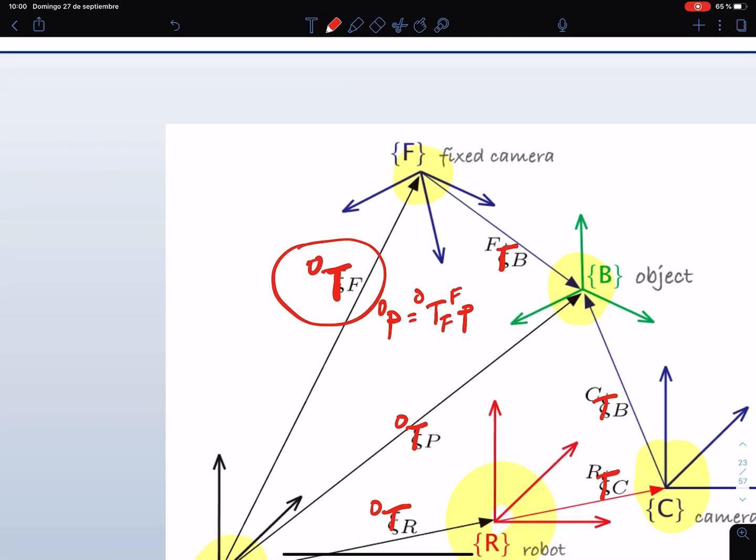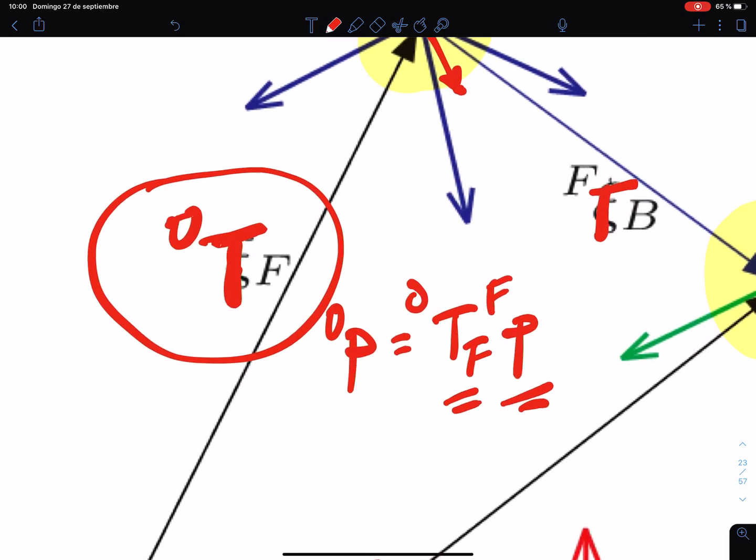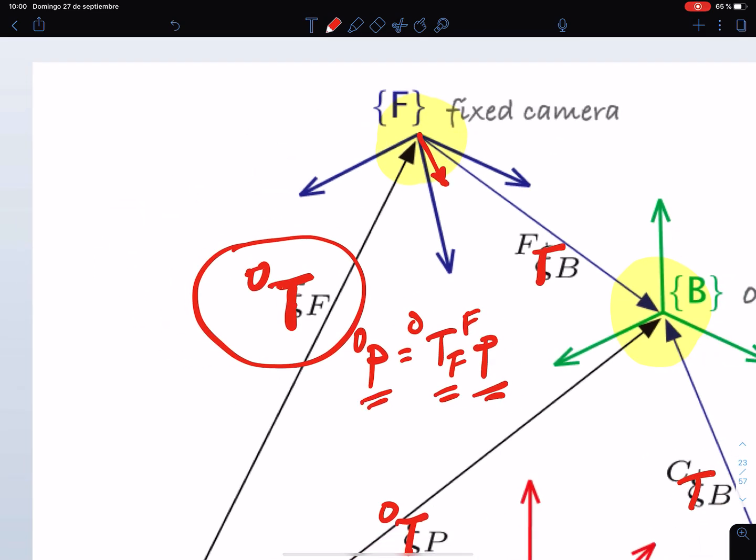Okay, so whenever we have a point in this space, in F, if we have the coordinates expressed with respect to F, then we will have PF. If we want to change the coordinates of that point to frame 0, we will multiply it by the homogeneous transform matrix 0TF, and this will give us the coordinates of that point in the 0 frame. Okay, this is what we have just explained.